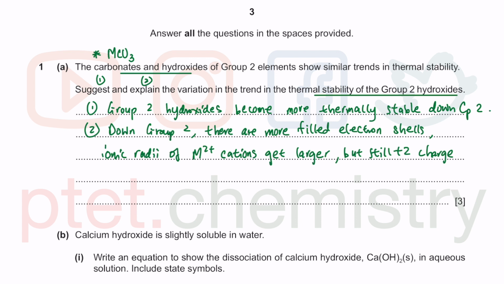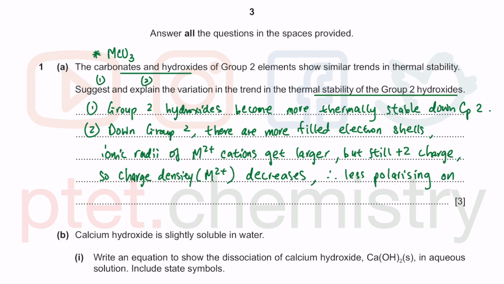So we can talk about charge density. The charge density of your M2+ will have decreased, and when that decreases, they become less polarizing, with less effect of the cation on the OH bond in OH minus.